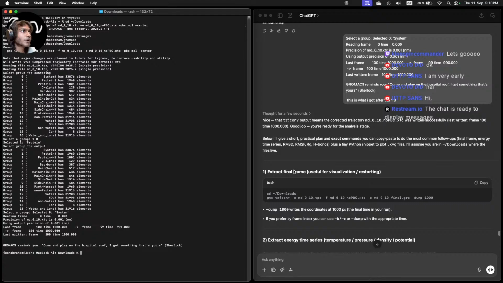But give a short practical plan. Extract commands. You can copy paste to do the common follow-ups. Final frame, energy time. Last written frame 100 time 1000.